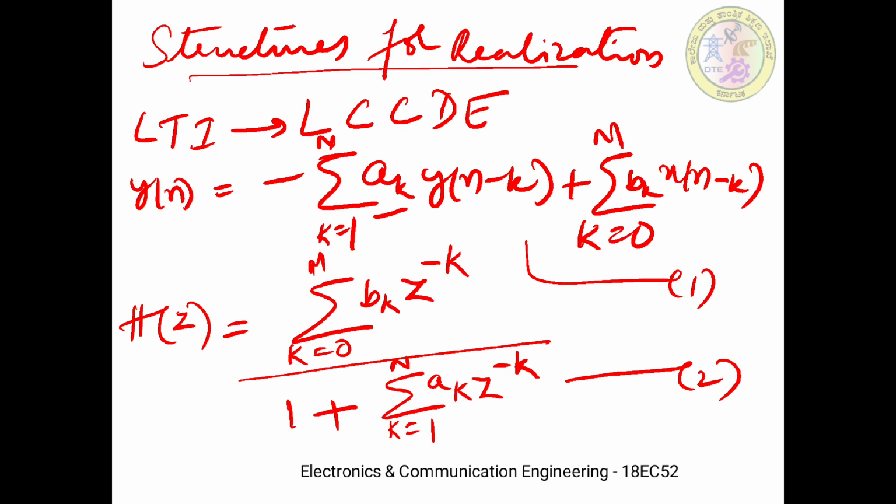Therefore, equation 1 can be viewed as a computational procedure or an algorithm for determining the output sequence y of n of the system for an applied input sequence x of n, but in many ways. The computations shown in equation 1 can be arranged into equivalent sets of difference equations, and each set of equations defines a computational procedure or an algorithm for implementing the system.